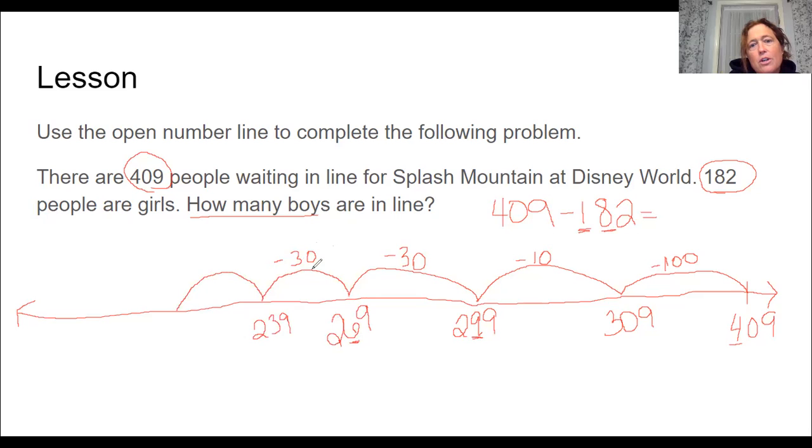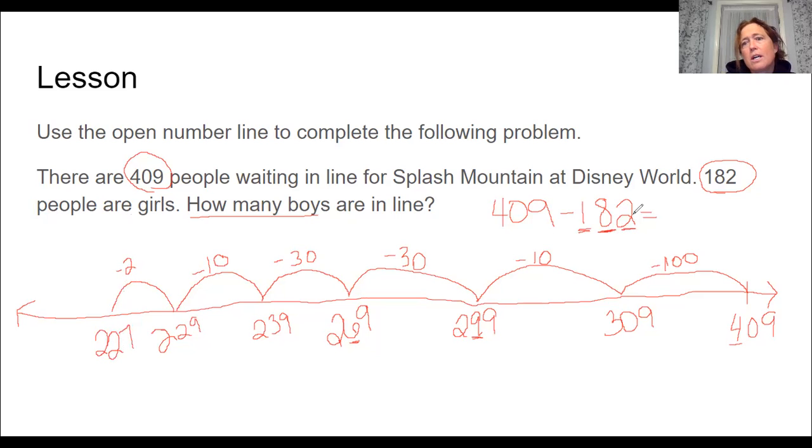And then if I subtract, what do I have left of that? Okay, so far I have 30, 60, 70 of the 80. So I have 10 more. And that is 229. Now, am I done? Nope, I'm not done yet because I still have this 2 here, right? 229 minus 2 is 227.